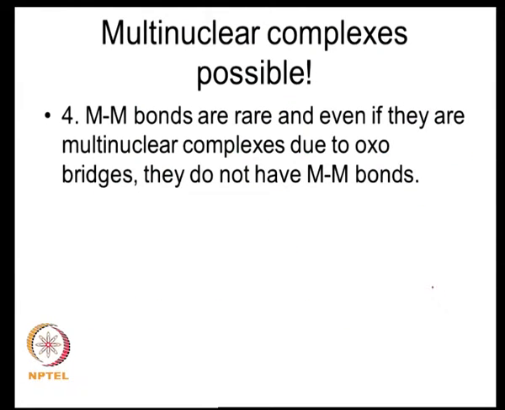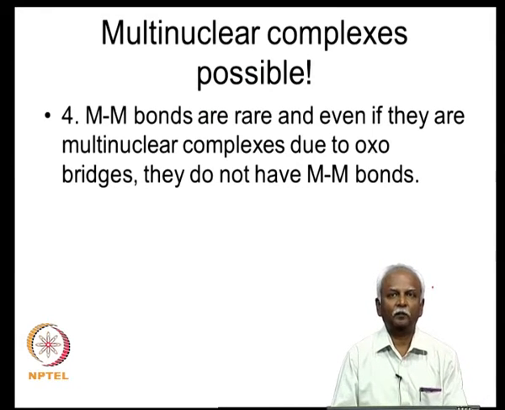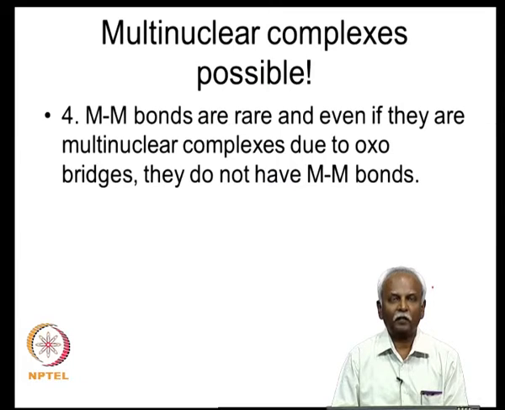So, apart from these mononuclear complexes, it is also possible to form multinuclear complexes with metal-metal bonds. Metal-metal bonds are reasonably rare in coordination chemistry. In the case of Werner's chemistry, you normally do not encounter metal-metal bonds, and if you do, you do have the possibility of a bridging ligand in addition to the metal-metal bond.